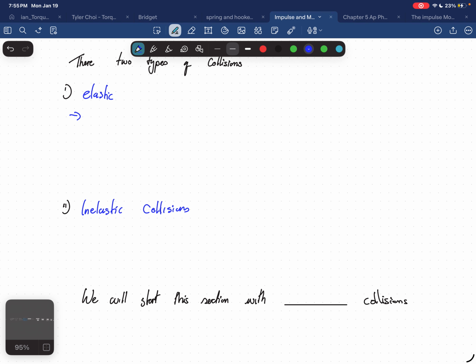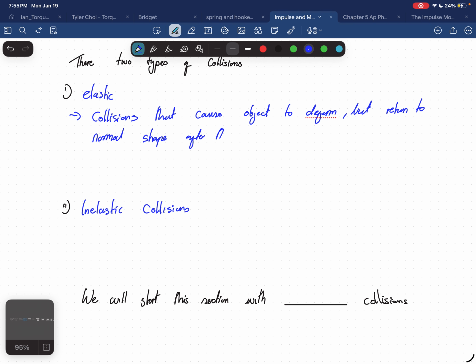And you can think of elastic collisions as collisions that cause objects to deform, but return to normal shape after the collision. And this is normally done very quickly, it's done so quick.